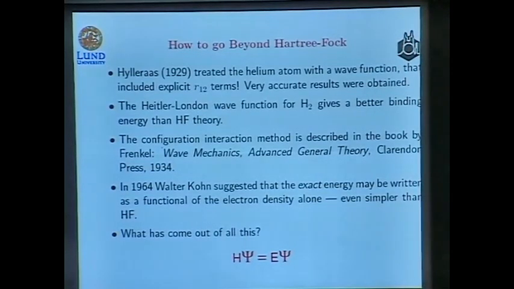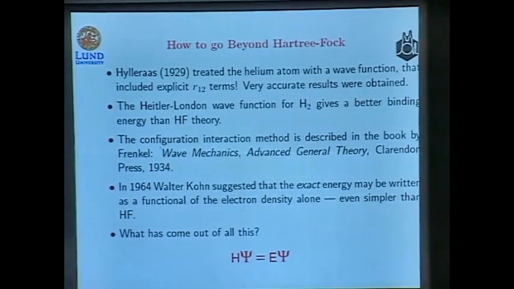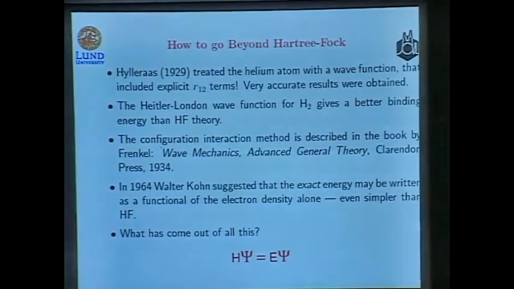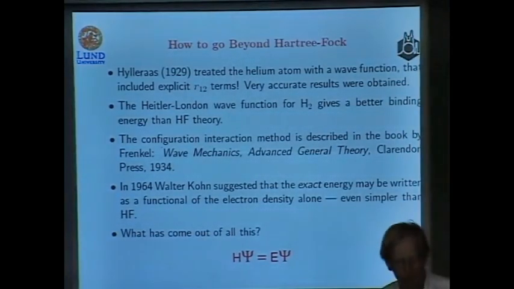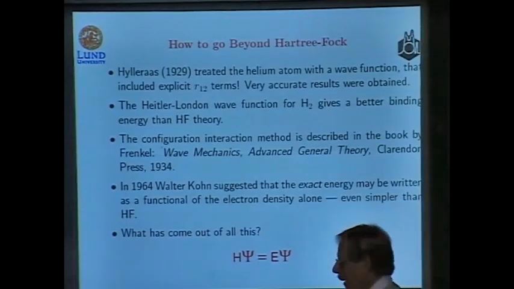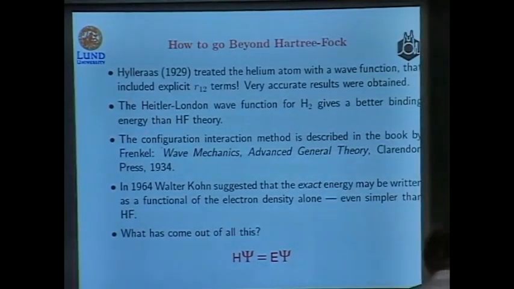Quite interesting. If somebody were here who did that poster, I'd like to have a chat with him. Actually, the Heitler-London wave function is not Hartree-Fock. It's something which later became known as valence bond theory, which many chemists know about. And it gives a better binding energy than Hartree-Fock theory for the hydrogen molecule.